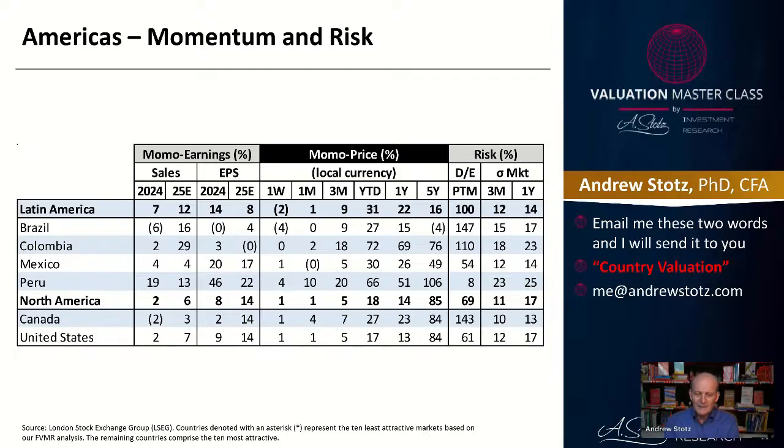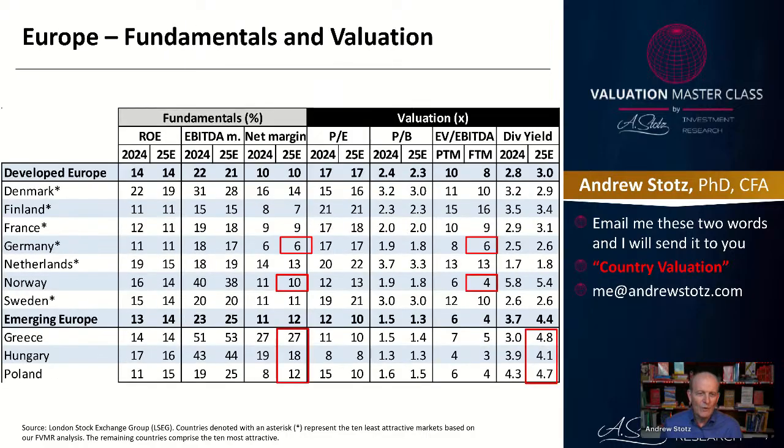Peru, almost no debt, and America's debt at 61%, or a ratio of debt to equity. It's very reasonable. This will tell you that we probably don't have a crisis in the US in relation to debt at corporates. And finally, the most volatile markets are Peru and Colombia, and Canada is the lowest volatility, and US is relatively low. So this gives you a picture of what I look at.